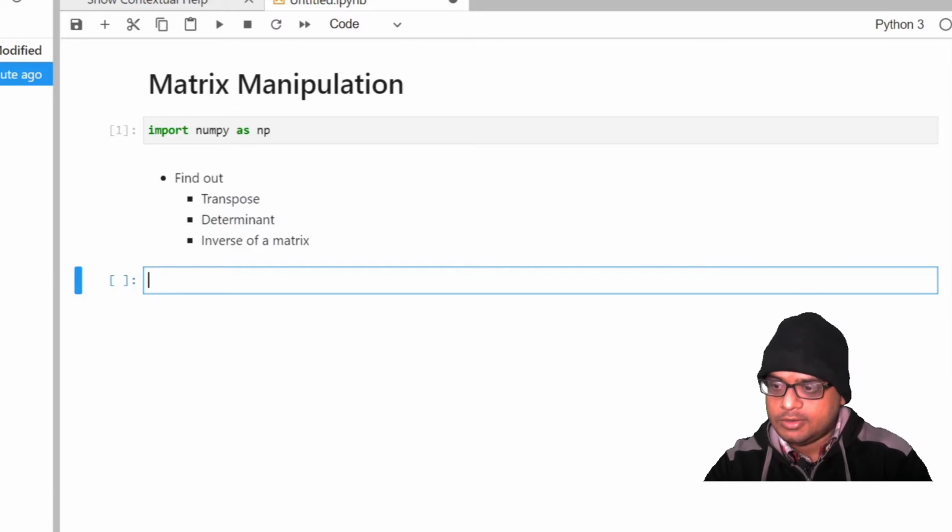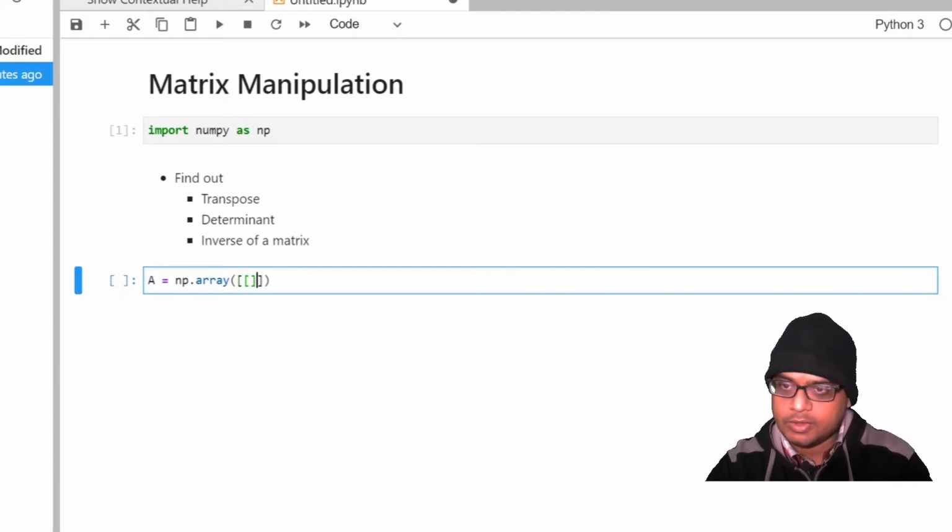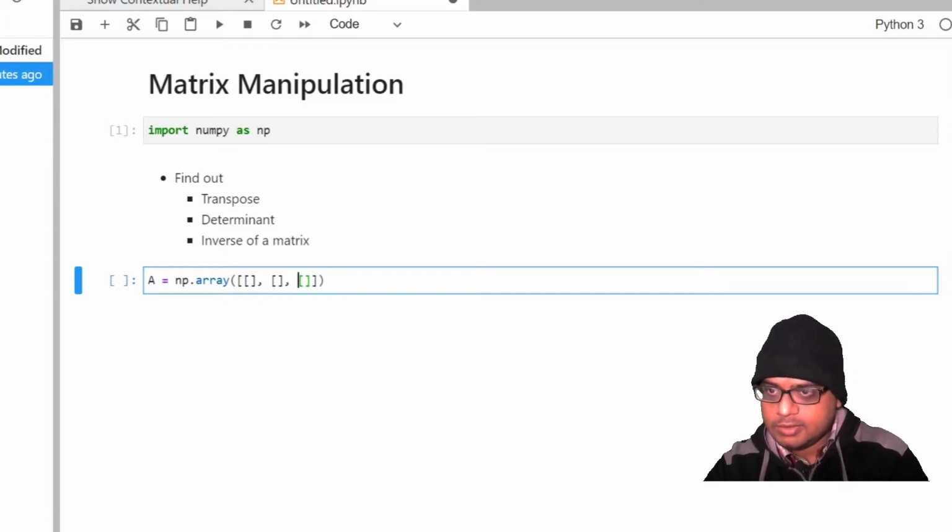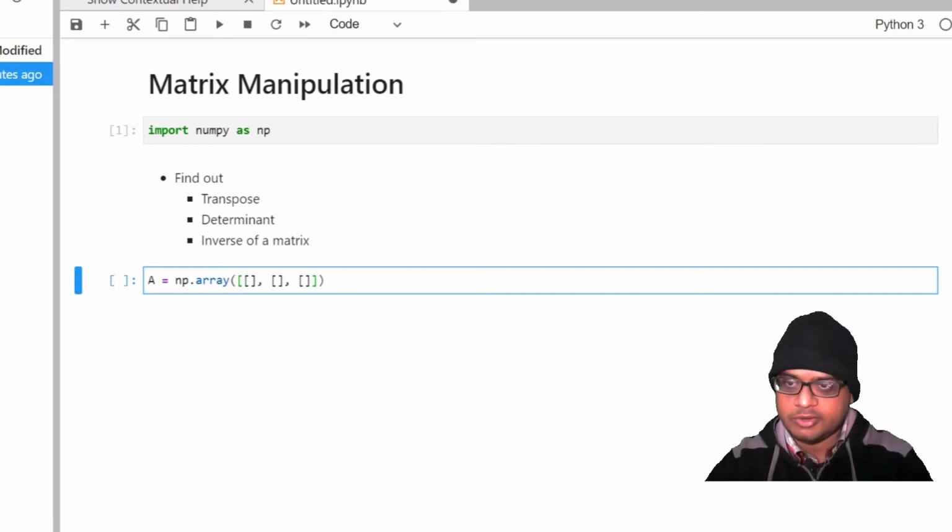Okay, so let us first define a matrix to work with. Let's say A equal to np.array, and we want 3 by 3, so there have to be 3 entries like this. I've made 3 sets of brackets. The first set of brackets shows that it's an entire matrix.